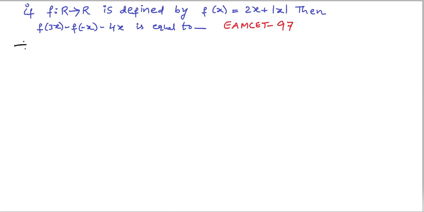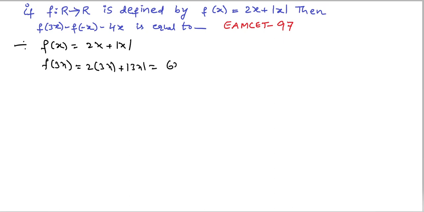Here f of x is equal to 2x plus mod x. f of 3x is equal to 2 into 3x plus modulus of 3x, equal to 6x plus 3 mod x. f of minus x is 2 into minus x plus modulus of minus x, equal to minus 2x plus mod x.